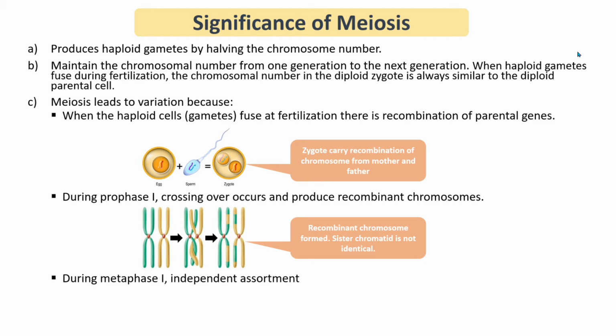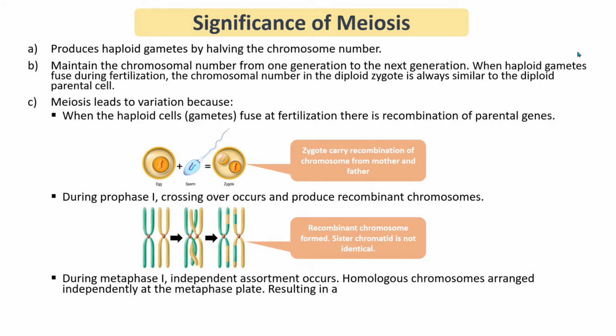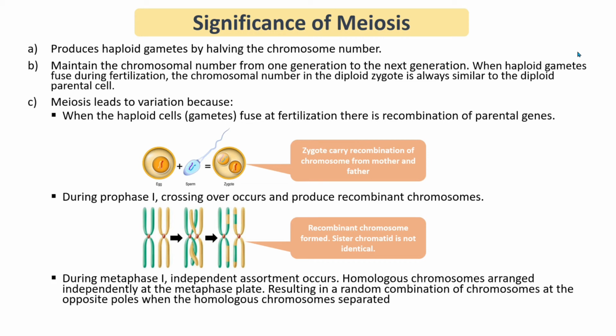Third, during metaphase I, independent assortment occurs. The homologous chromosomes arrange independently at the metaphase plate, resulting in a random combination of chromosomes at the opposite poles when the homologous chromosomes separate in anaphase I.